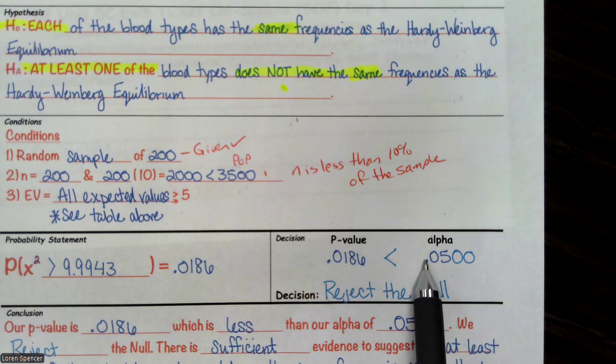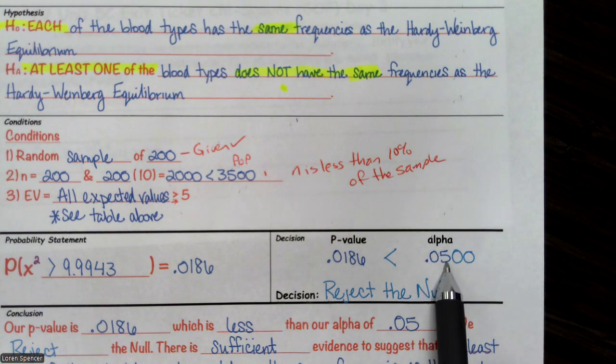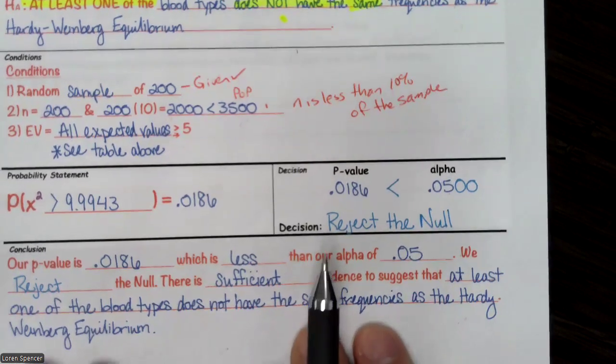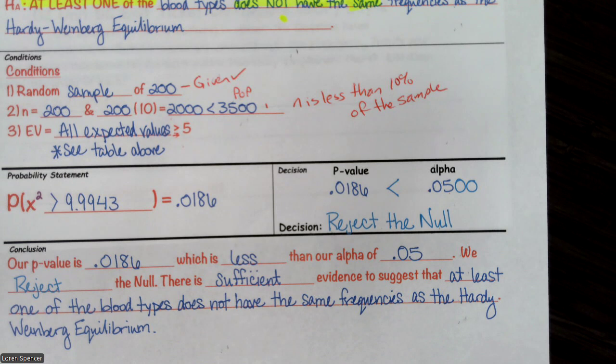Well, 0.0186 is less than our alpha of 0.05, so our decision is to reject the null. So our p-value is 0.0186, which is less than our alpha 0.05. We reject the null. There's plenty of evidence, so we have sufficient evidence to suggest at least one of the blood types does not have the same frequencies as the Hardy-Weinberg.